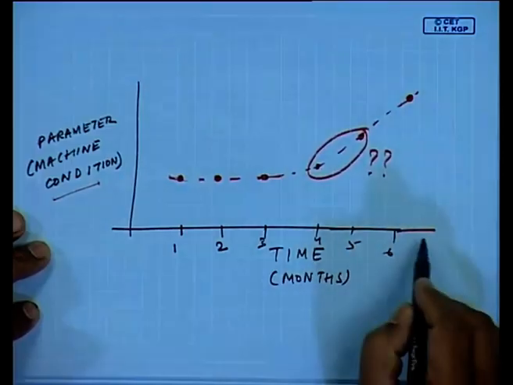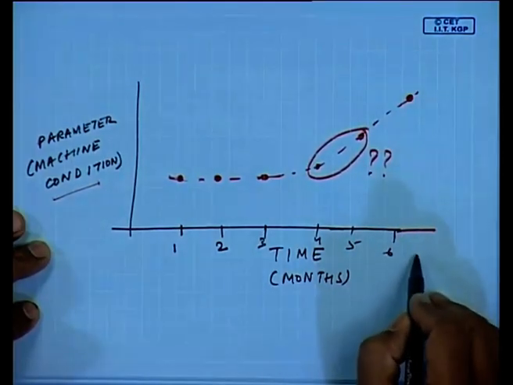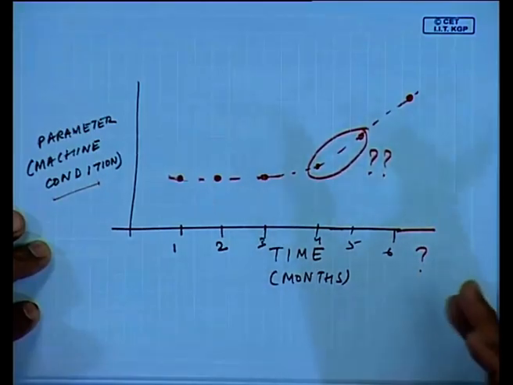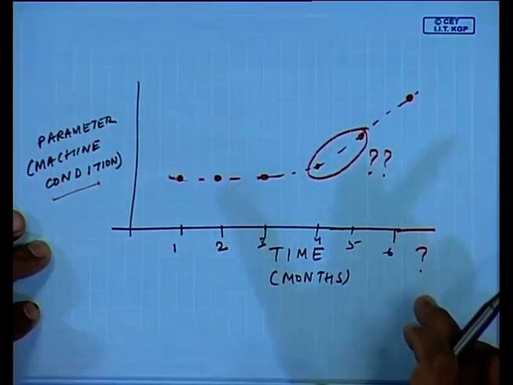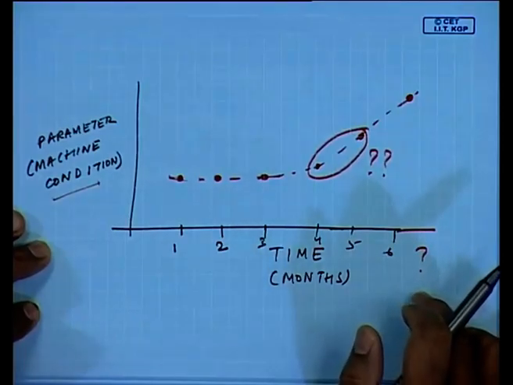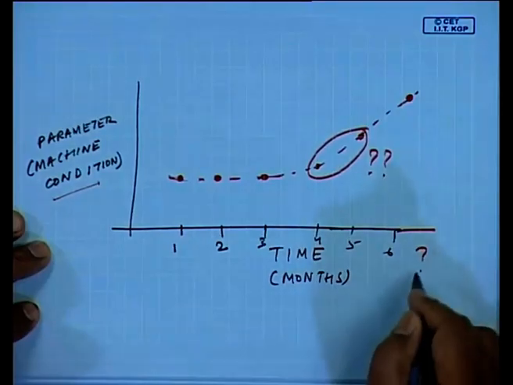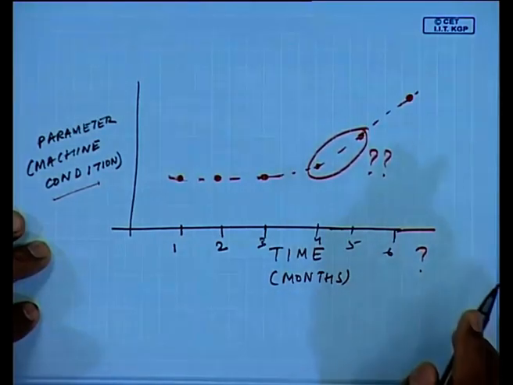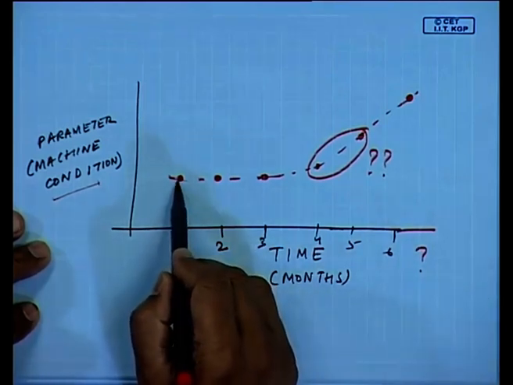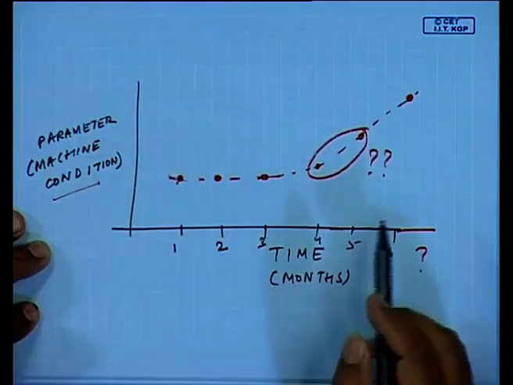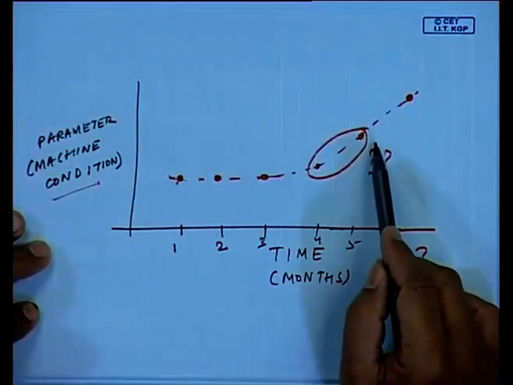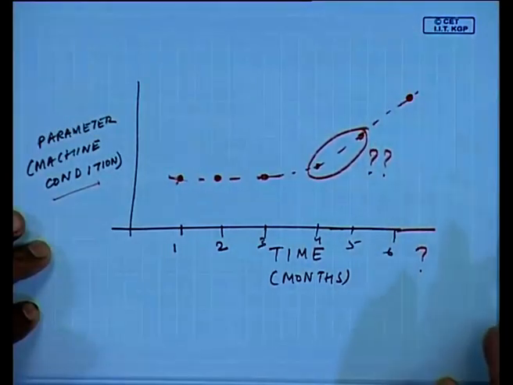So I know, well, by the 6th or 7th month, I need to have a major repair or study into the problem in this machine, so that I may have certain critical spares already available to me by the 6th or the 7th month. So that from month 1 I did not store these critical spares. If I know it takes only 1 month to get these critical spares, I can plan by the end of the 5th month to get them. That is one way of looking at it.